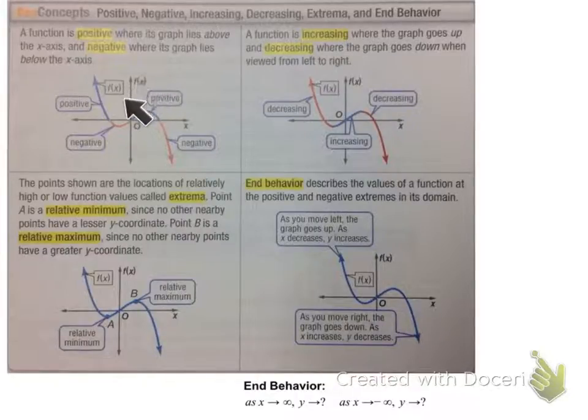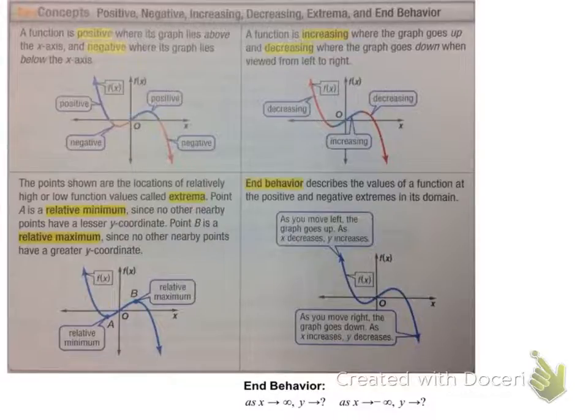Notice that this graph looks like an upside down N. There are parts where it's in blue, it's positive, and parts where it's red, it's negative. So negative is where the graph is below the x-axis. So that's the positive and negative parts of the graph.